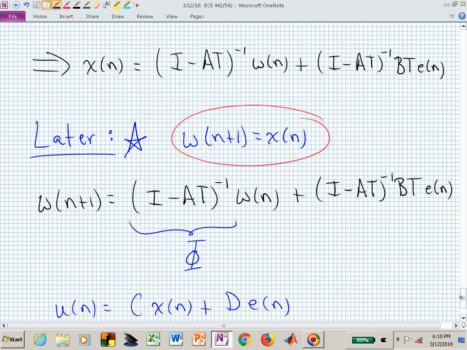Well, I'll let you do this on your own. Now you can replace that little x of n with that right-hand side. And now you have U of n equaling some matrix times W plus some other matrix times E, and that will be your H and J matrices in the discrete time representation.